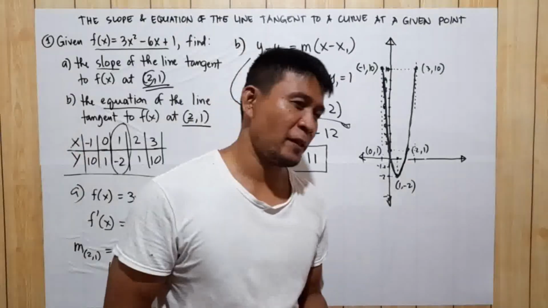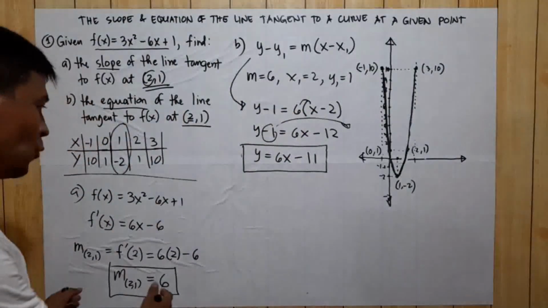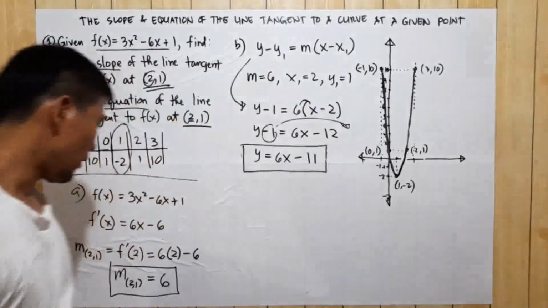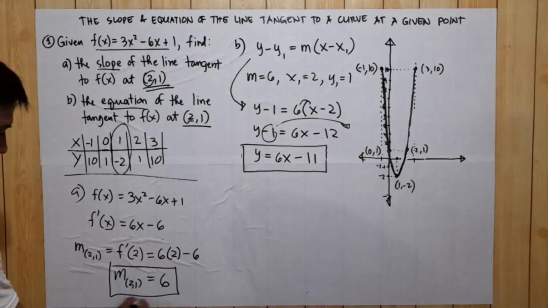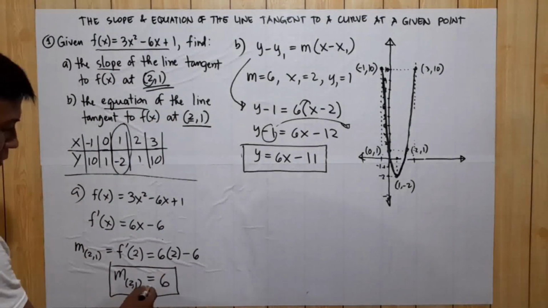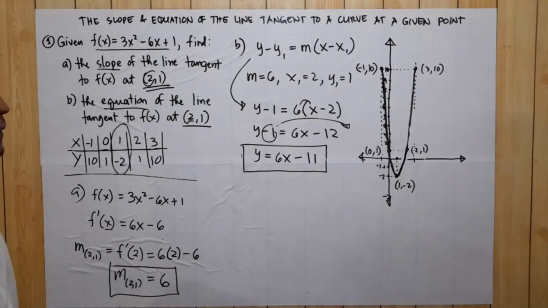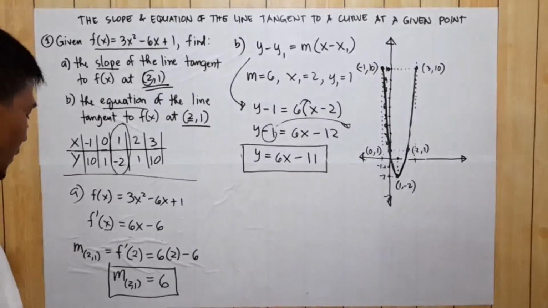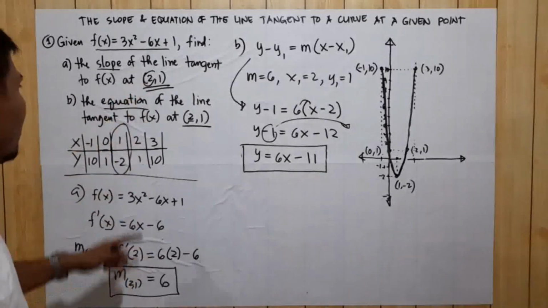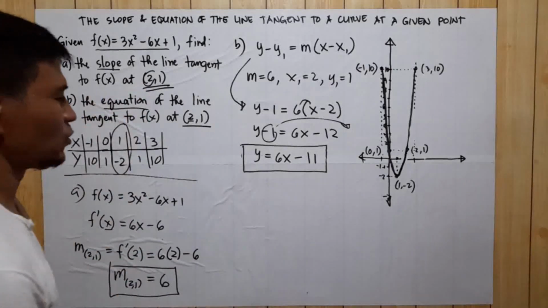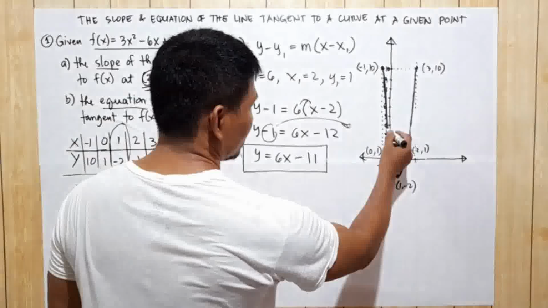Friends, ano ang interpretations ng mga nakukuha nating values? Ano ibig sabihin ng slope at (2, 1) equals 6? So, ganito lang po yun mga friends, no? Since we're talking here about a line tangent to f of x at (2, 1), so ang f of x po natin ay ito.